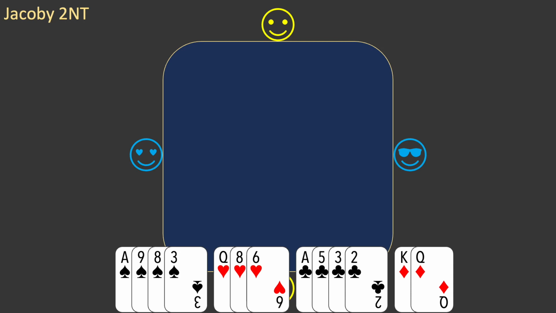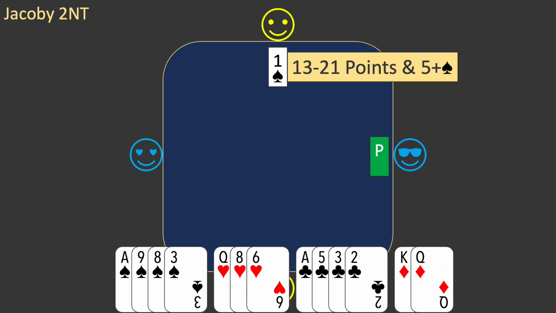Partner opens the bidding with 1 spade, and East passes. It's your turn to bid. You interpret partner's bid. Partner's opening bid shows 13 to 21 points and 5 or more spades. You check for a suit fit.